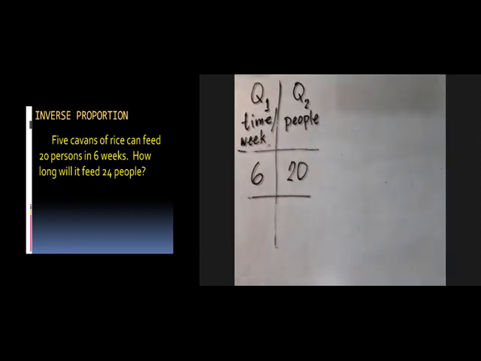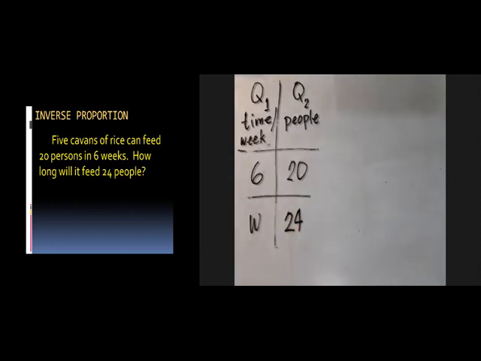And then the second row will be how long will it feed 24 people? How long will it feed will be time. So let's have letter T, or if you want to, we can have W. Okay? And then, ang partner niya ay 24 people.